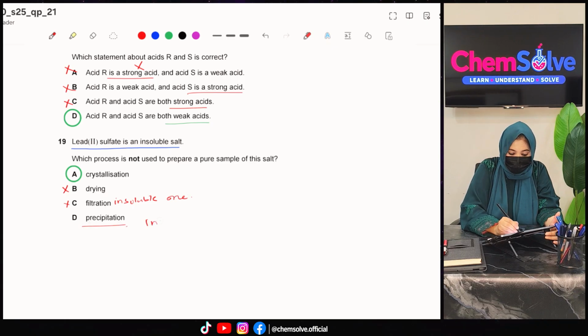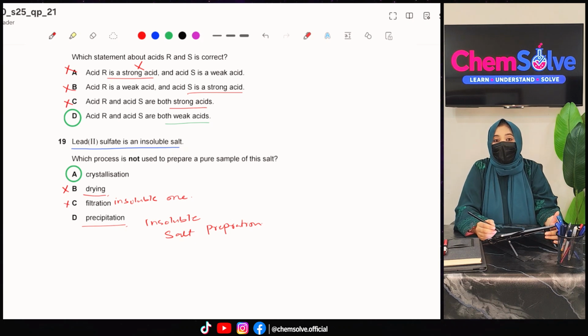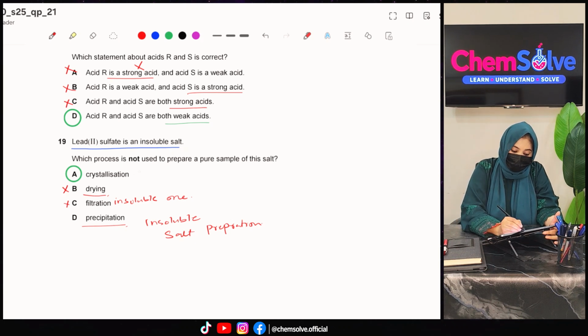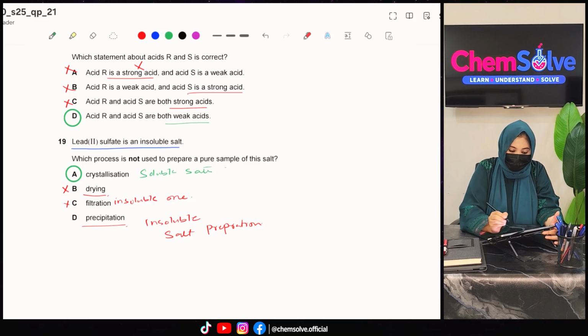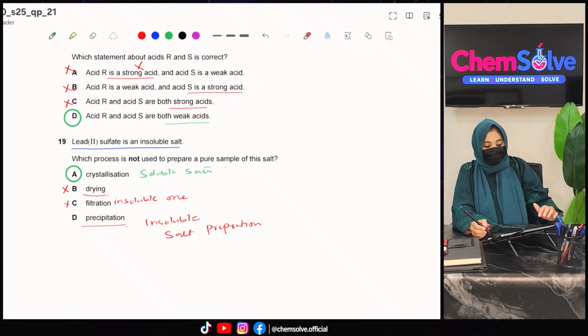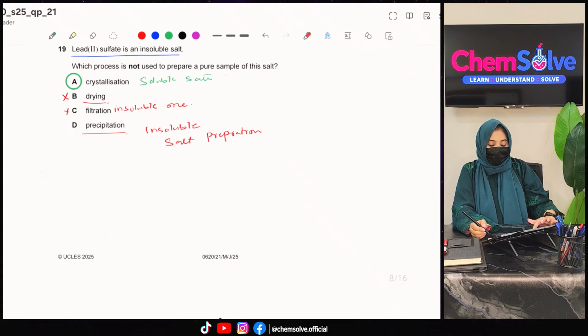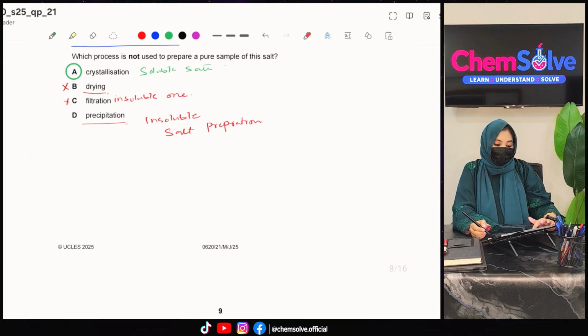Precipitation is also for insoluble salt preparation. And drying is only when we have to remove water. So crystallization is used for soluble salts. And this is an insoluble salt. That's why C and D couldn't be the option. The correct statement is option A.